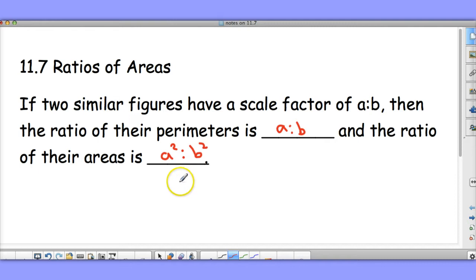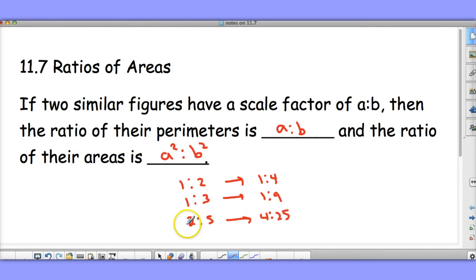Now I know the examples that we looked at were a ratio of 1 to 2, and we saw that the ratio of the areas was 1 to 4, and then we had one where the ratio for the scale factor was 1 to 3, and the ratio of the areas was 1 to 9. But if we had two figures whose scale factor was, let's say, 2 to 5, that means the ratio of their areas would be 4 to 25. It's the scale factor squared.